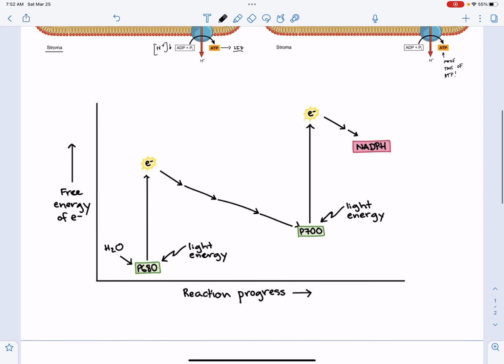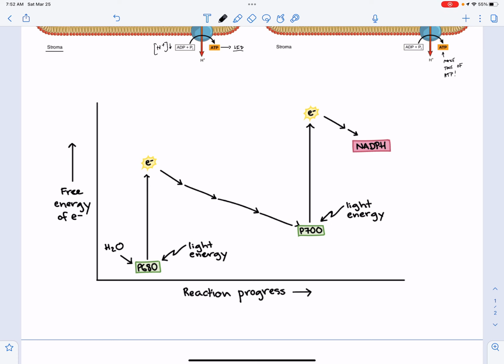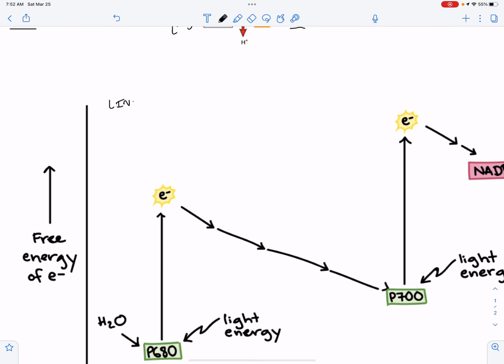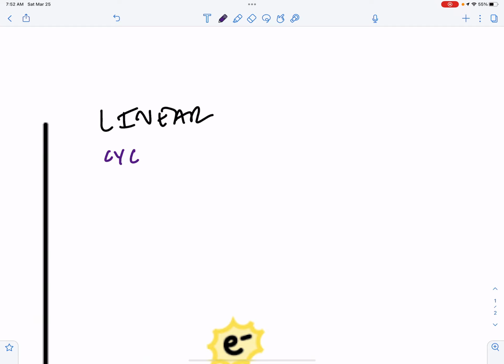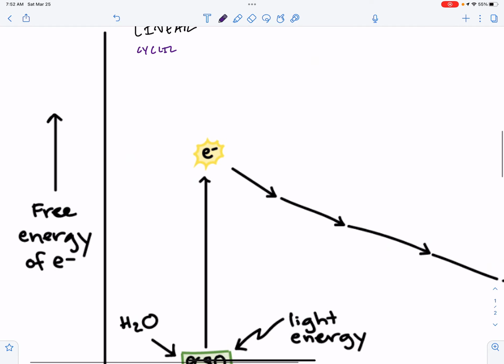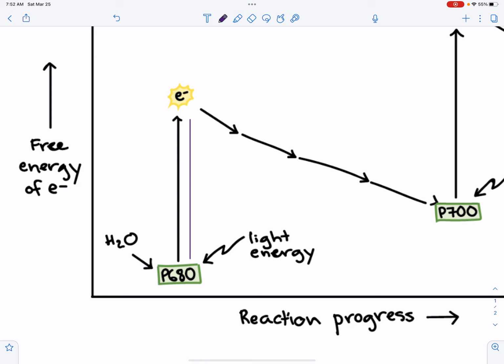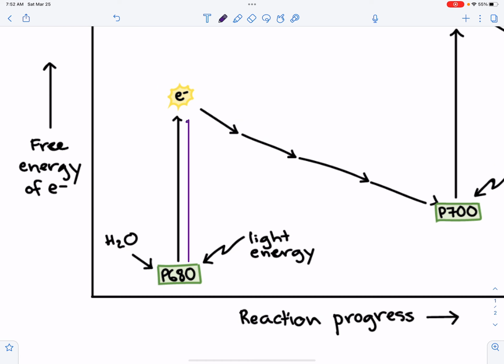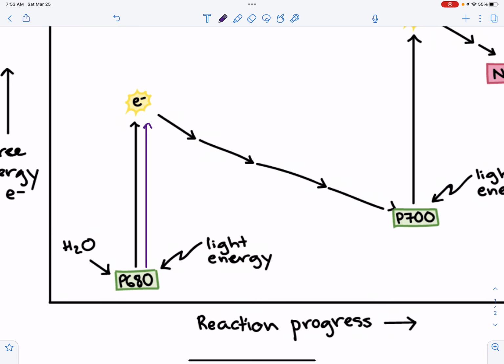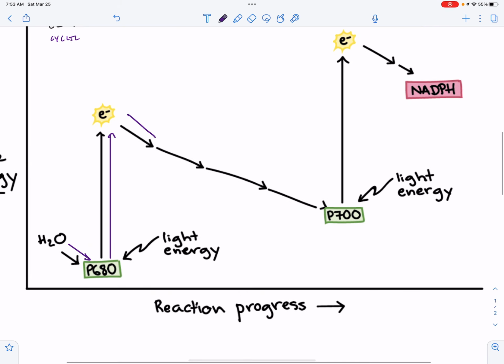Okay, if we're to look at an energy coordinate diagram of this, in black, here we see linear photophosphorylation. And if we were to add on to this cyclic in purple, you would see that it starts out the same way. I guess I should make this a little bit bigger. Okay, close enough. Water donates an electron. That electron is energized in P680. It's sent down an electron transport chain.